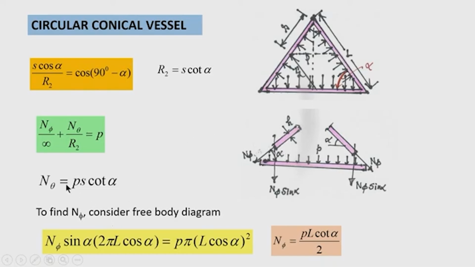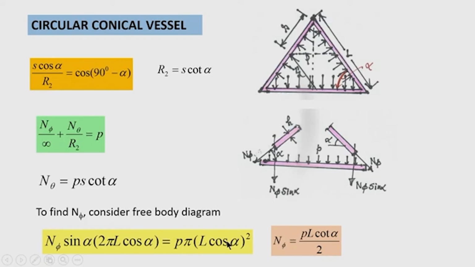So, we write n phi sin alpha, the vertical component of the meridional stress, multiplied by the circumference of the circular plate, 2 pi L cos alpha, equal to the total load at this level. The total load is produced due to uniform internal pressure acting on the plate, so it is p pi L cos alpha whole squared.